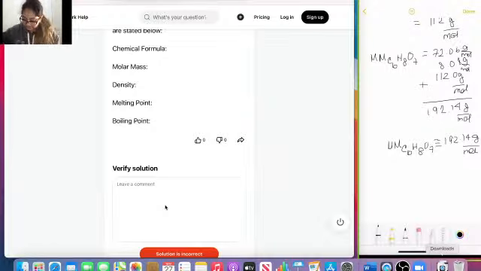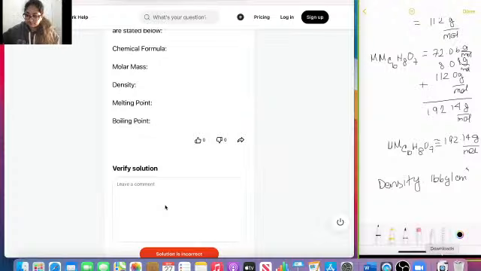The density you can get from literature, it's given.